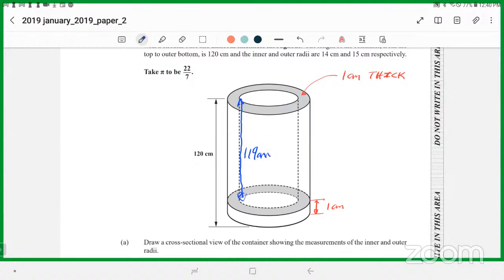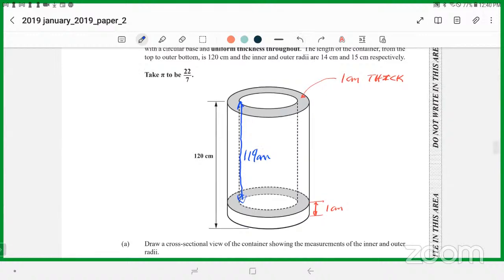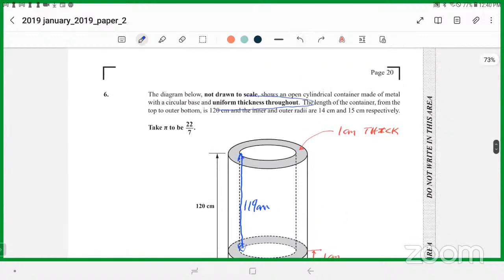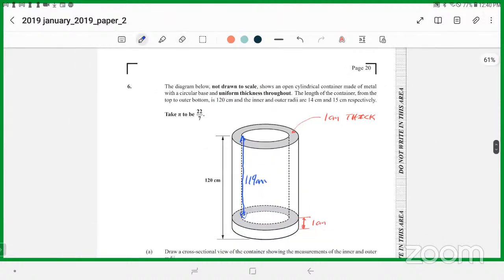Internally, it is 119 centimeters, because 120 includes the thickness down here, which is 1 centimeter. The question said it had uniform thickness throughout. So internally, it is 119 centimeters tall, the space inside here. And the inner radius is 14 centimeters.